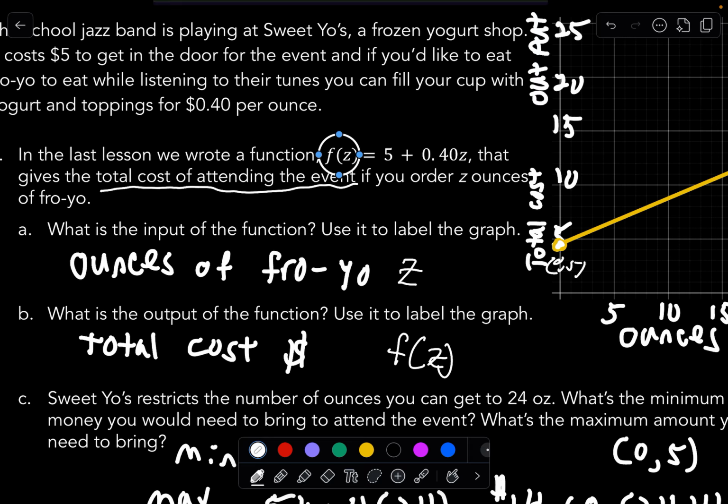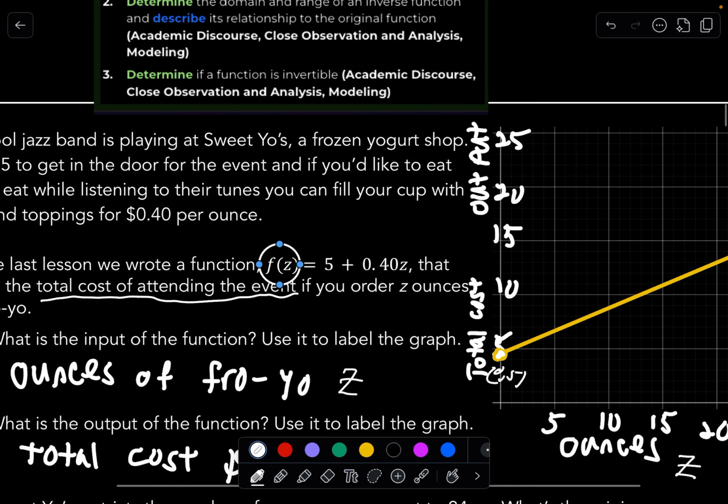So this f is the output of the function, which is the total cost of buying froyo and attending the concert in dollars. And I put that along the vertical axis right here. So this is f of z.